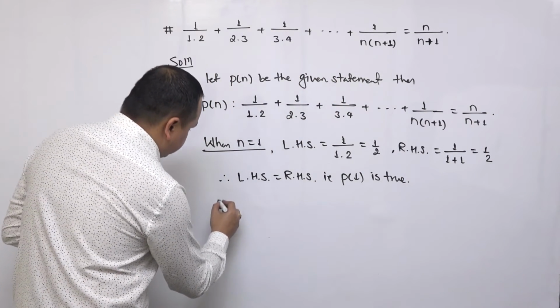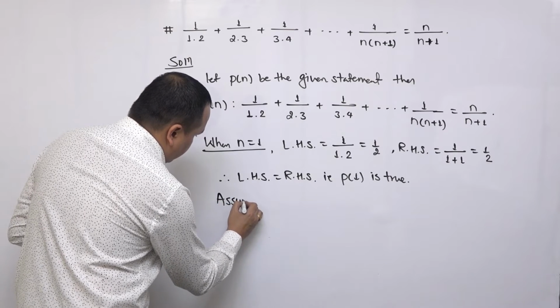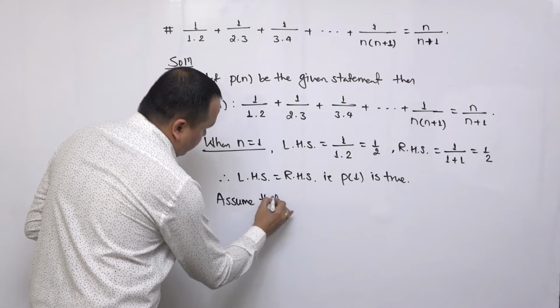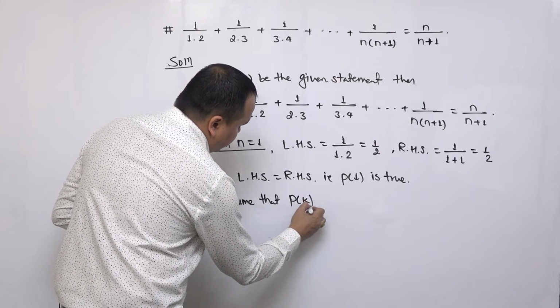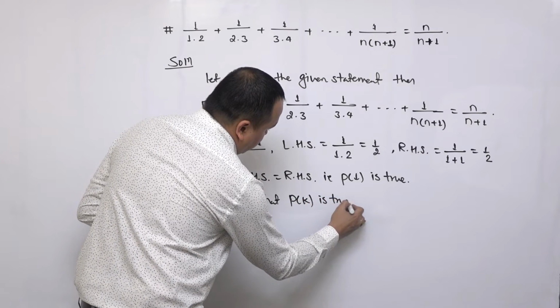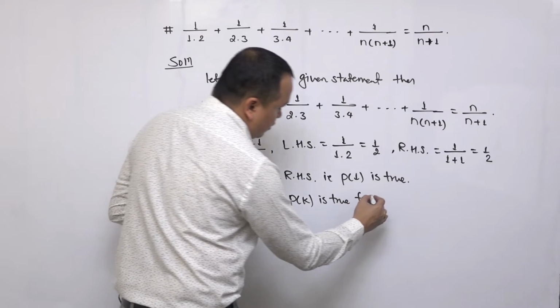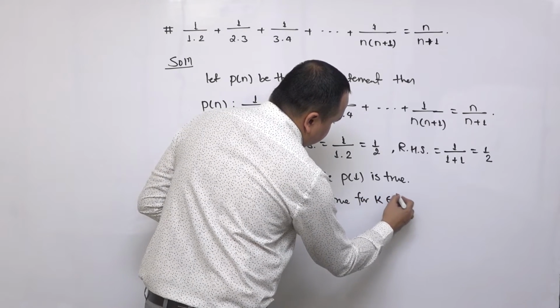Assume that Pk is true for k belongs to natural number.